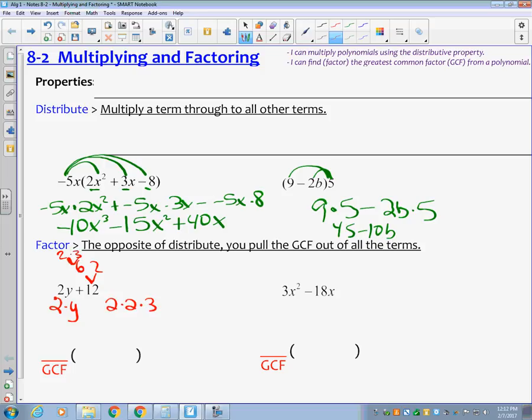Okay, so we're going to underline what they have in common. They both have a factor of 2. They don't have any other common factors, so we're going to put the 2 out front. Once you identify the common factor and you put it out front, we're going to cross it off, because what's left is going to go in the parentheses.